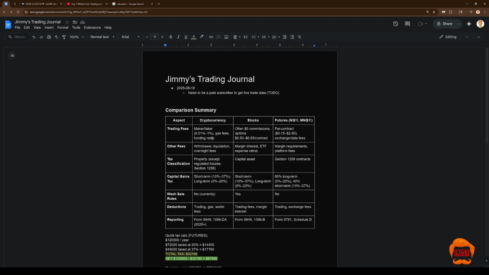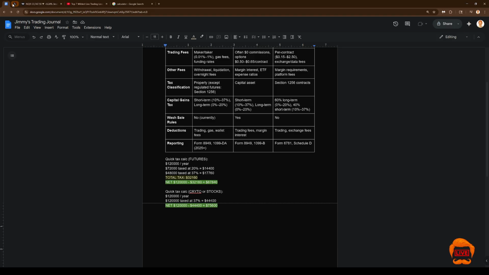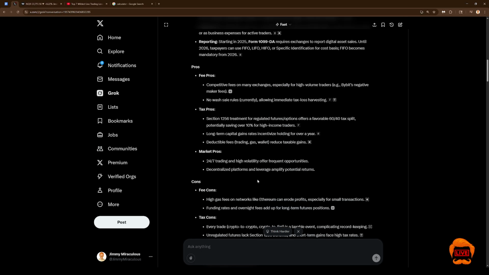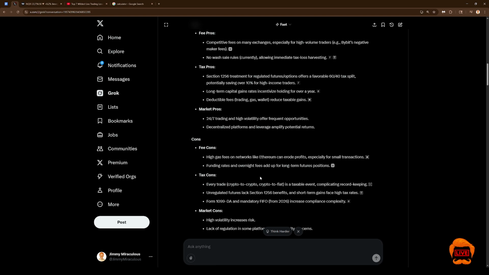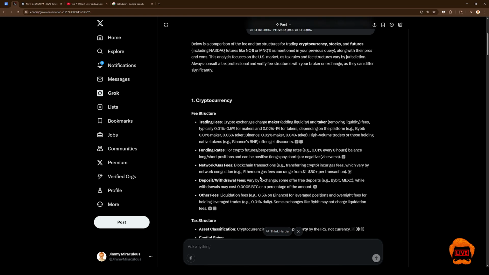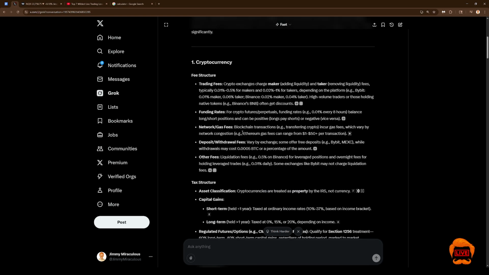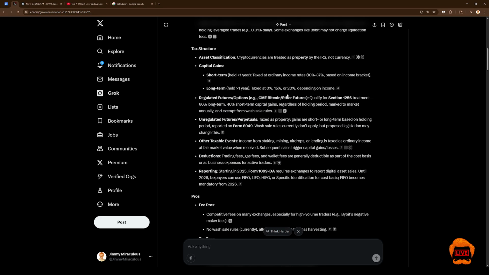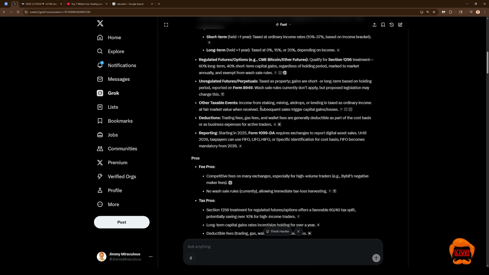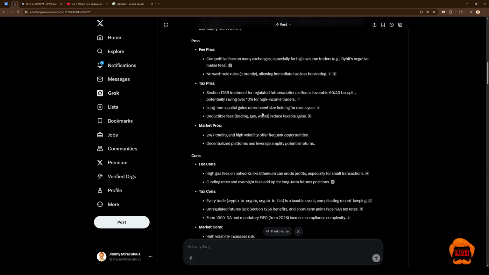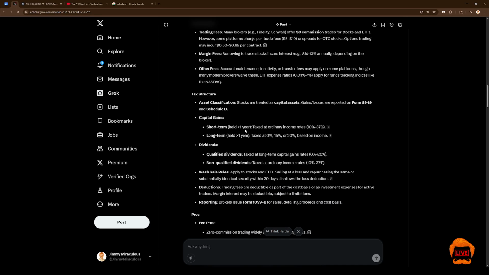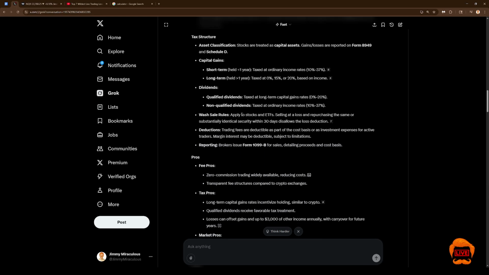Wash sale rules. Stocks, margin fees. Wash sale rules apply to stocks and ETFs.